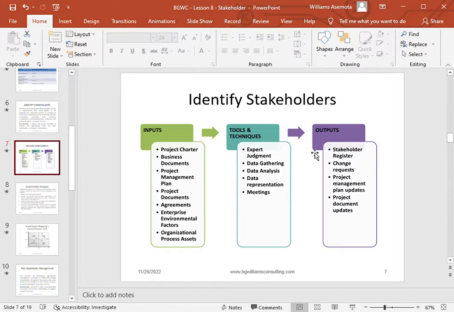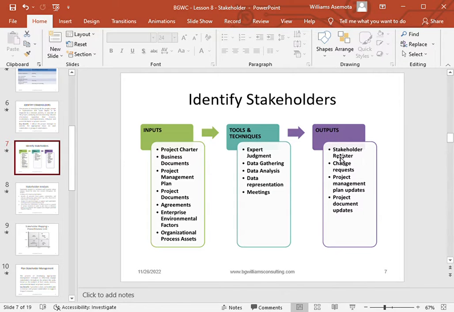And where will you document them? You document them in your stakeholder register. So the stakeholder register is a project document that contains all the names and details of each of the stakeholders that you have identified for a particular project.